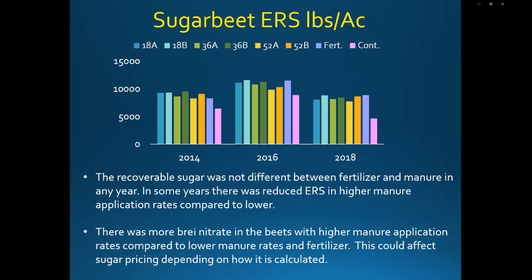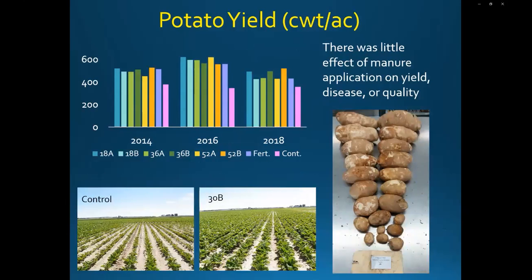It all depends on how the sugar companies are doing the calculations in any given year and how big that penalty is. With potatoes, we saw very little effect of manure application on either yield, disease, or quality.